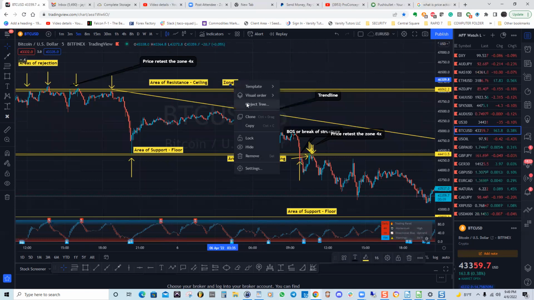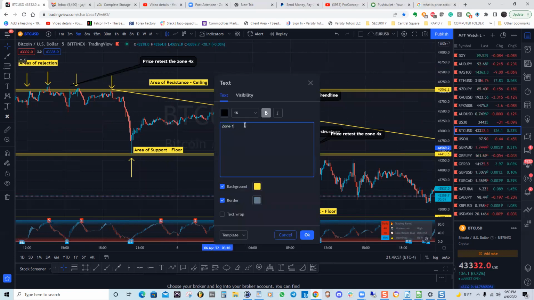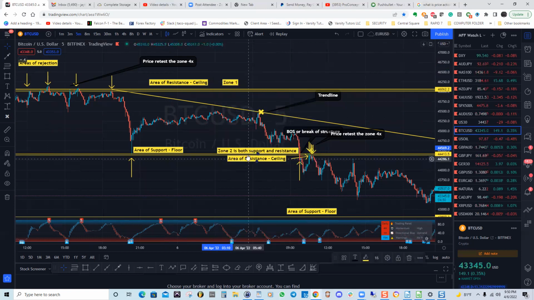But if I come over here and clone this and call this zone 2, well, zone 2 is doing both. Zone 2 is both support and resistance. You can see playing support here, playing resistance over here.